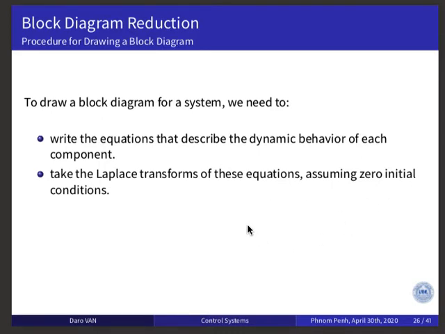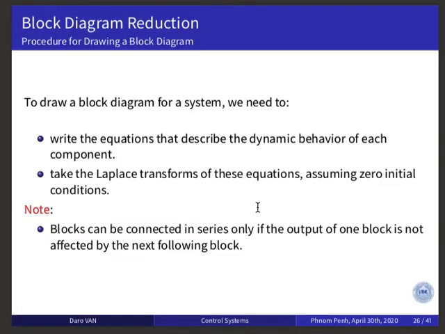So only two steps: get the equations in the time domain, and then do the Laplace transform, transforming from the time domain to the S domain. It is important to note that blocks can be connected in theory only if one block is not affected by the next following block.